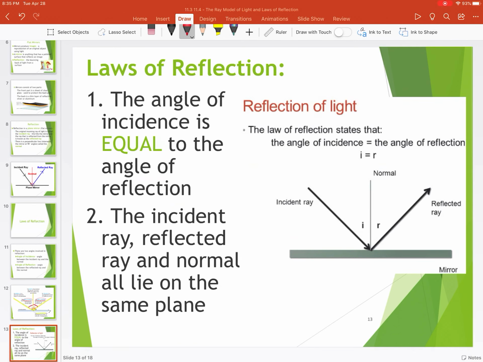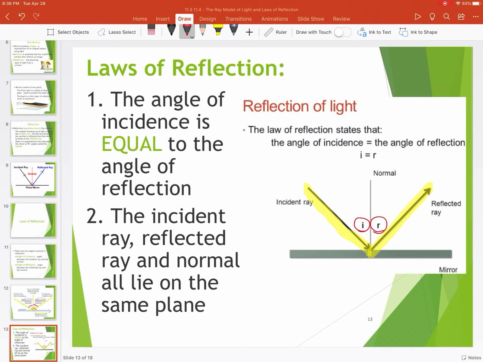Moving on, the law of reflection. The law of reflection states that the angle of incidence is equal to the angle of reflection. Looking at our diagram, we have our incident ray coming in, our reflected ray moving out, our angle of incidence and our angle of reflection.